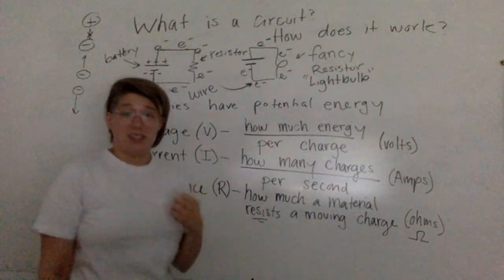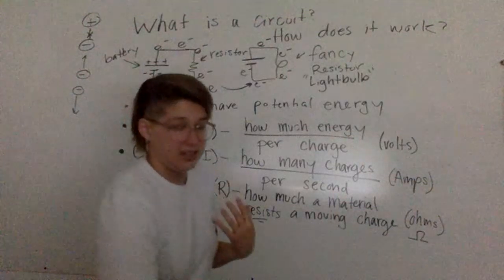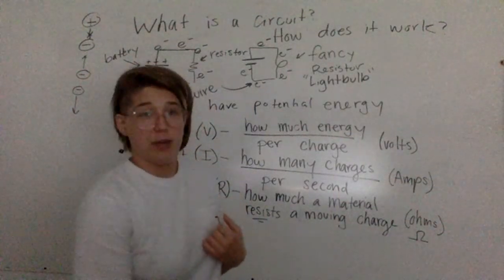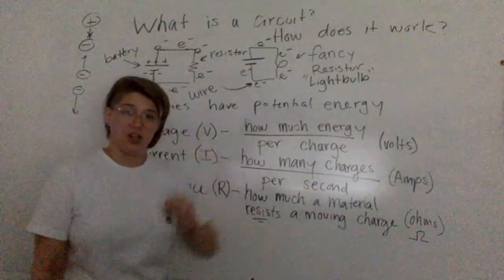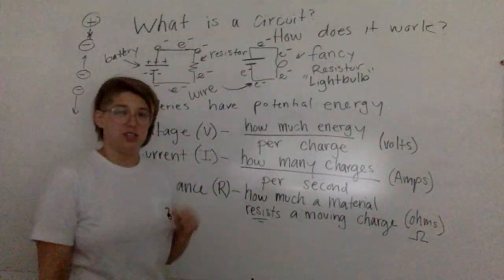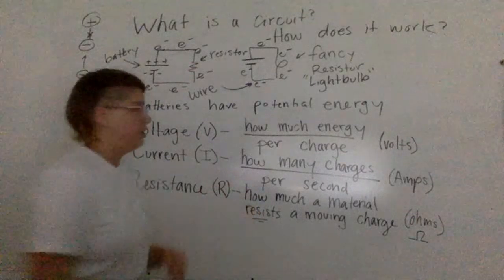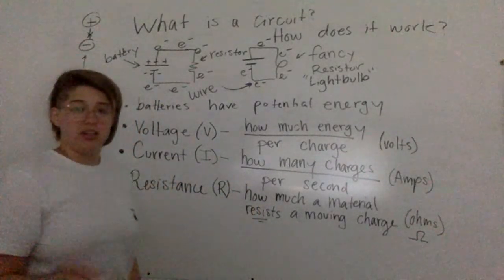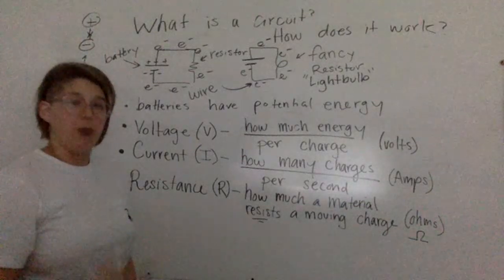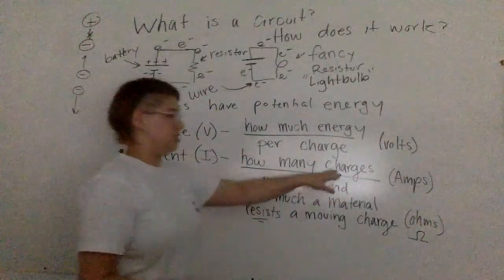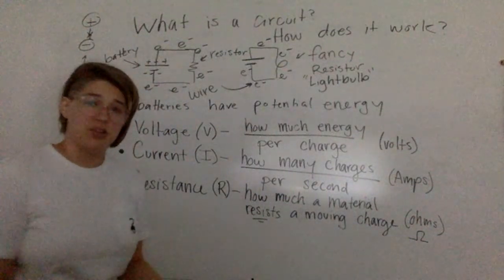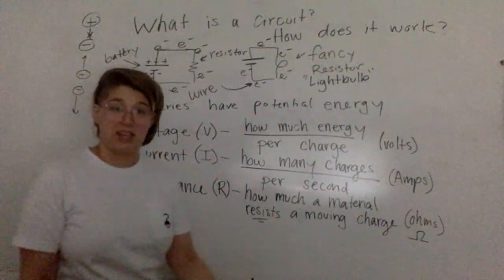When we say a 9-volt battery, such as the one I have here, each unit of charge in there has 9 volts. There's current, which, just like a river current, has to do with the flow, how many charges per second. You can think of it like how many electrons are moving per second.